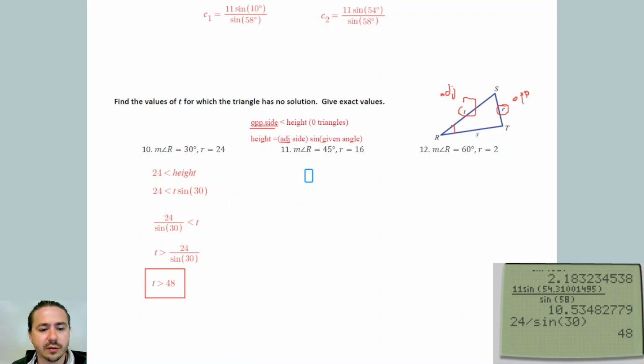So in this case, we want 16 to be less than the height. So we have 16 is less than t times the sine of 45. So t needs to be greater than, well, I'll just work it exactly like I worked the other one. 16 divided by sine of 45 needs to be less than t.